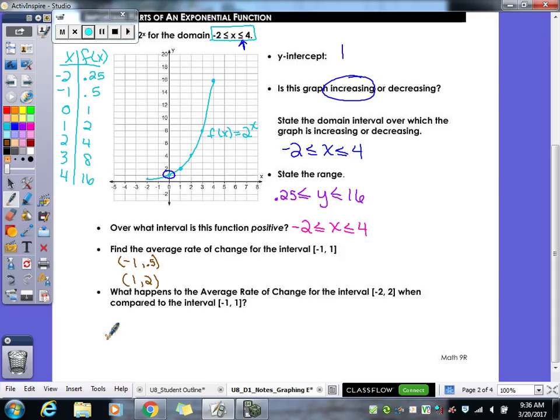And then what formula do we use? Nope. Average rate of change is our slope formula. y2 minus y1 over x2 minus x1.